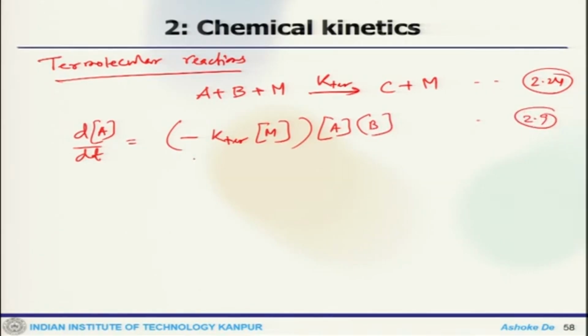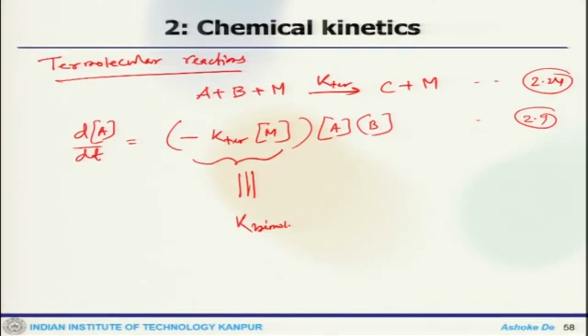Now, this term K M plays the same role as K bimolecular here. If you look at it carefully, this complete term plays a sort of equivalency to K bimolecular, so the effect is similar.